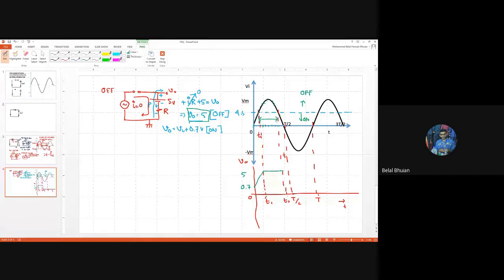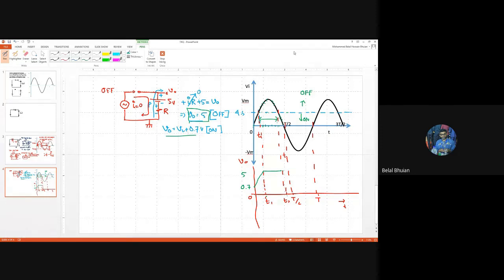So now next we're going to go to T2 to capital T by 2. In this interval, the value of the signal is below this transition state line. So that means the diode is on. If the diode is on, which relationship are we going to use? We're going to use this relationship. So that means input and output are going to have the same shape, except that the input will be shifted up by 0.7.